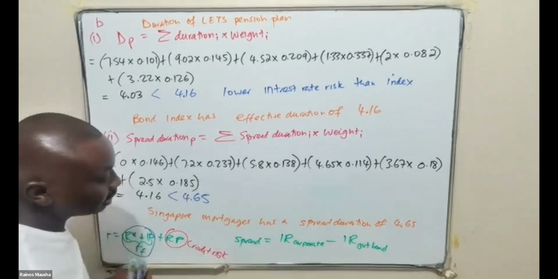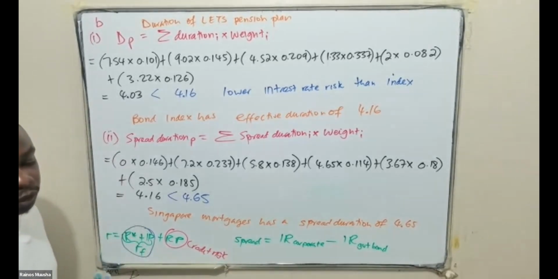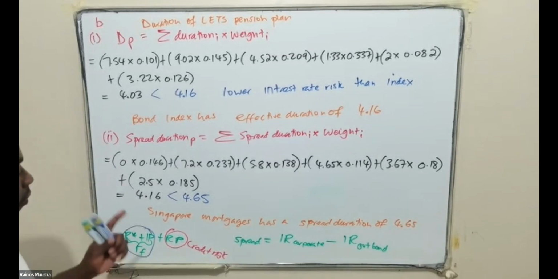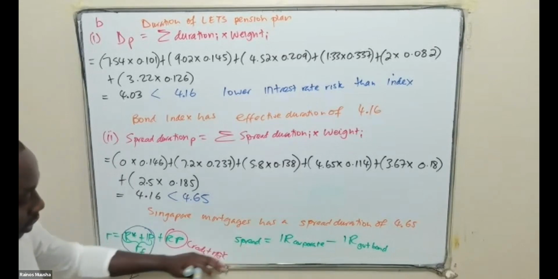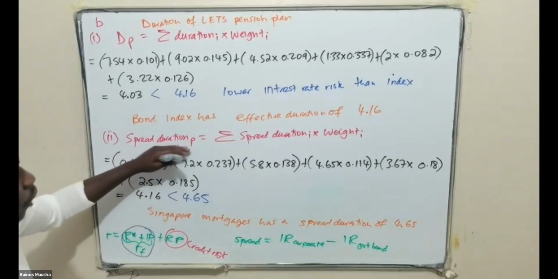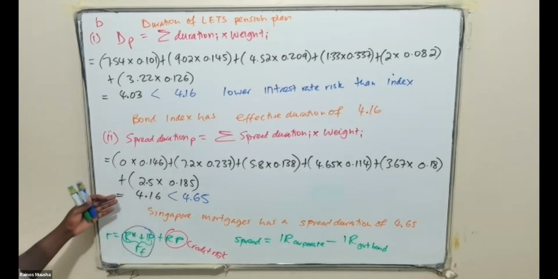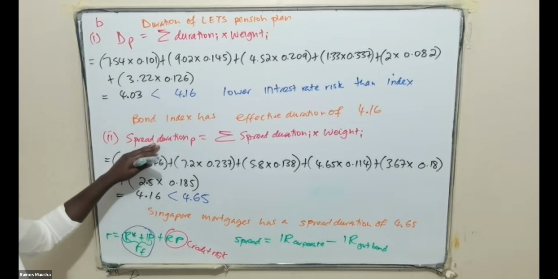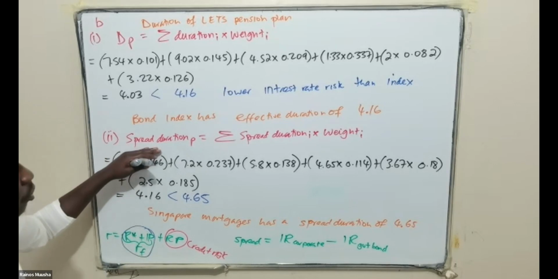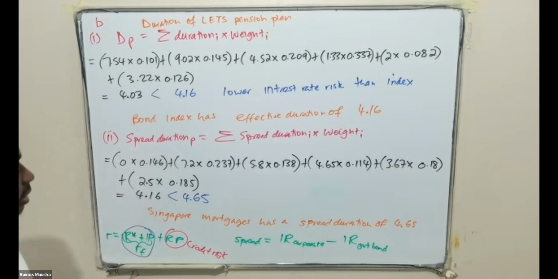So if the spread shows credit risk, then the spread duration should be linked to the risk over a given time period in your portfolio as well. So the higher the duration, the higher the credit risk of the portfolio.